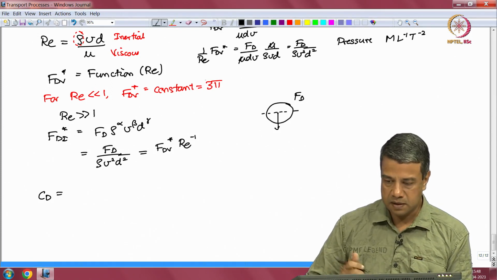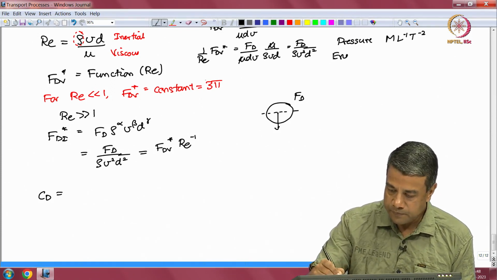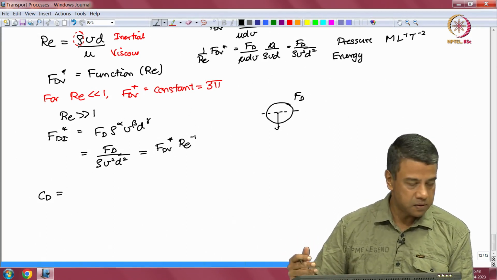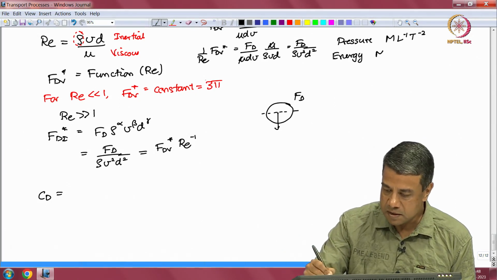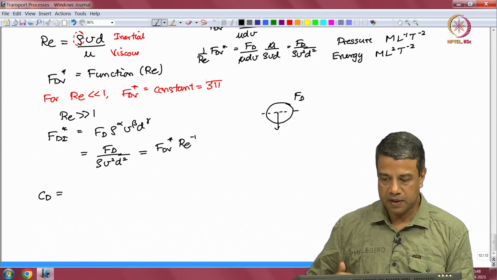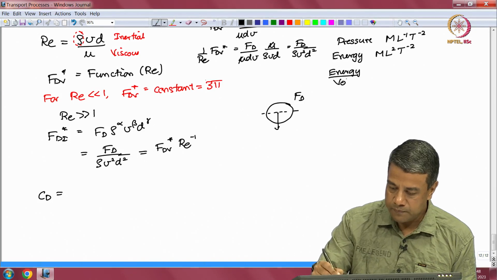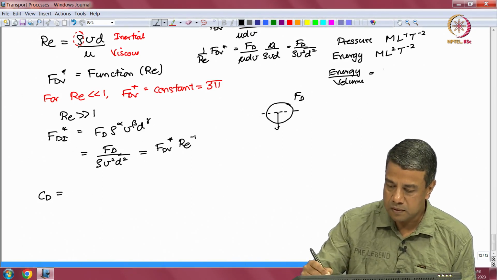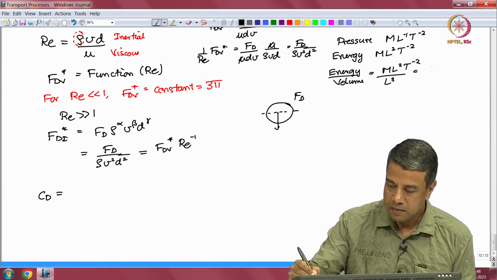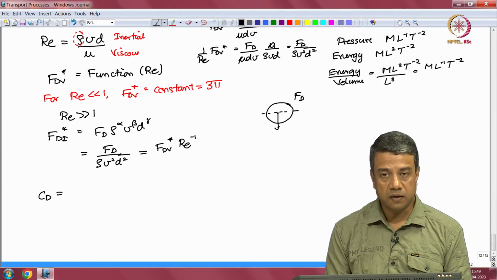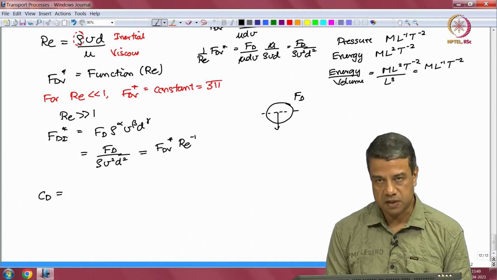That is the dimension of pressure. Pressure is a force per unit area, mass length T power minus 2 divided by L square. Energy has dimensions of mass length square T power minus 2, force into distance. So, energy per volume is equal to M L square T power minus 2 by L cubed, which is M L inverse T power minus 2. So, an energy per unit volume has the same dimension as pressure.